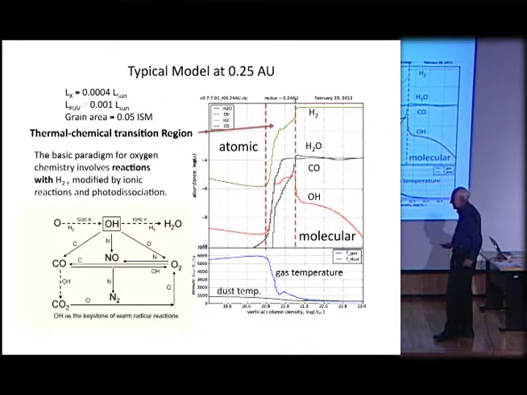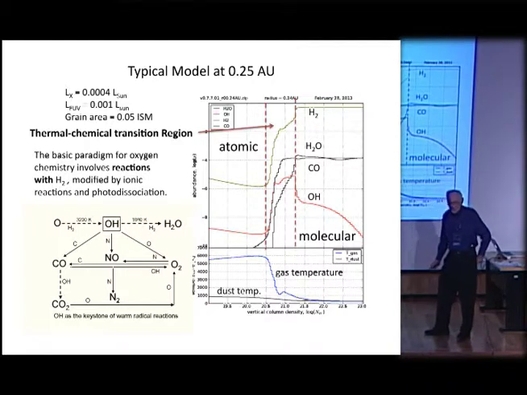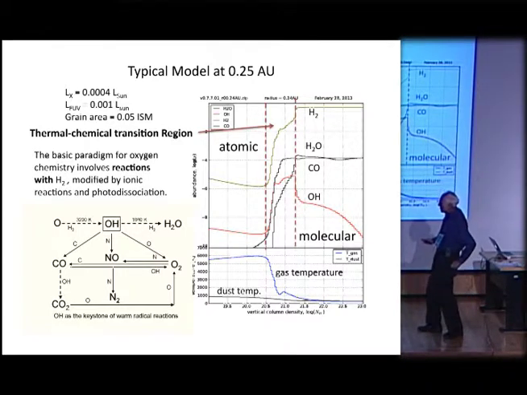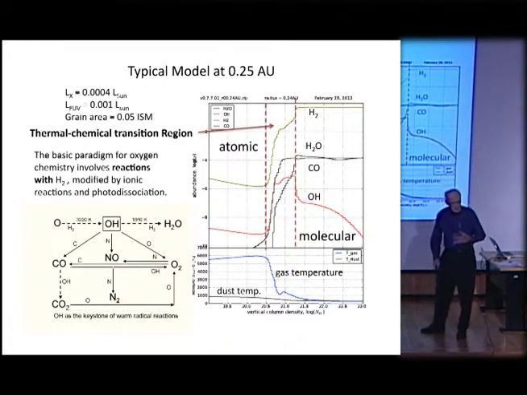Now, what is really the first step and the absolutely necessary step, to a 99% certainty, is that you must have H2 before you can make any other molecules. And with H2, with warm gas, you can have a reasonably successful conversion of oxygen, first to OH, and then to water. And the numbers, which you may not be able to see, give you the temperature barriers that have to be overcome by the kinetic energy of the gas.